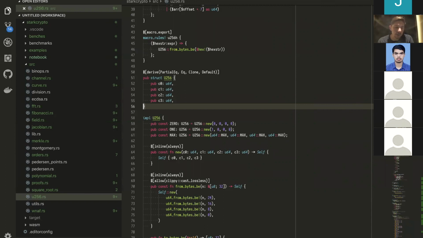You don't need to compute the first limb in order to compute the second one, because you don't have to add the carry. This gives a huge speed boost on modern CPUs because they have complicated instruction schedulers and register assignments and everything. And basically the CPU, by looking at your code, can figure out that it can execute these two instructions in parallel, and it will actually do so.